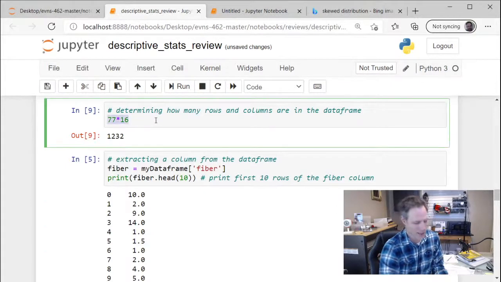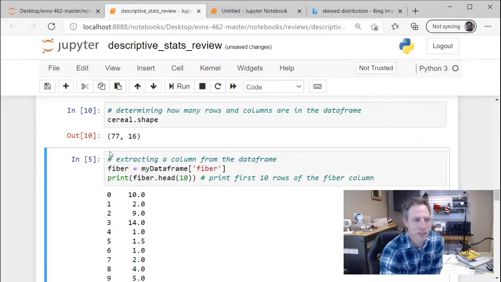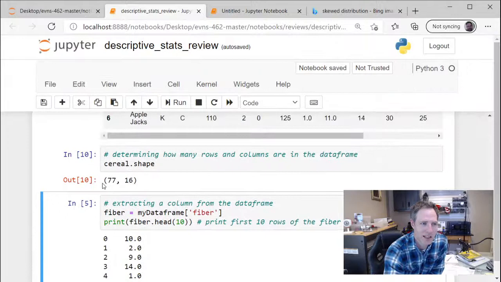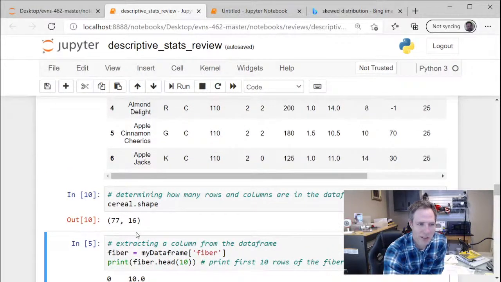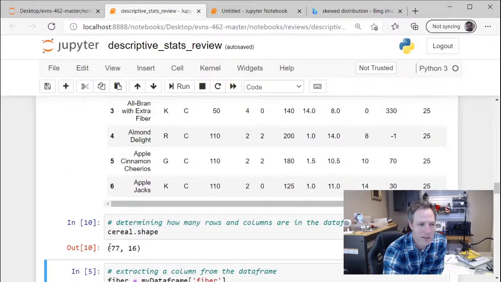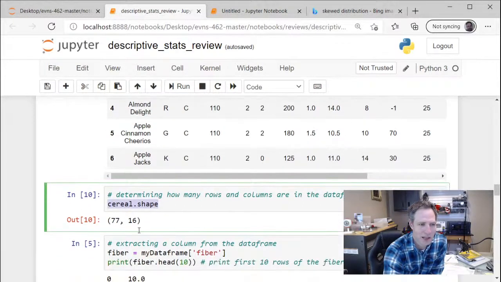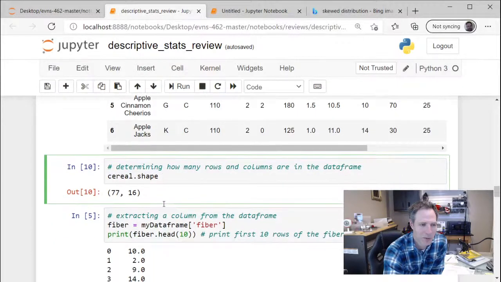So what is that? 77 times 16 is the number of data values in my entire data set. So it's the number of rows times the number of columns. So serial.shape is the one that's most useful. Serial.size will give you some information, but it's not in a useful format.